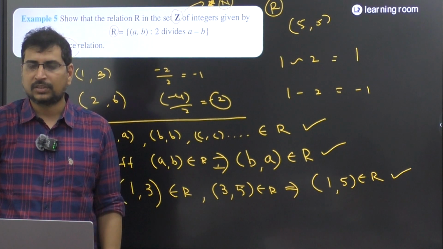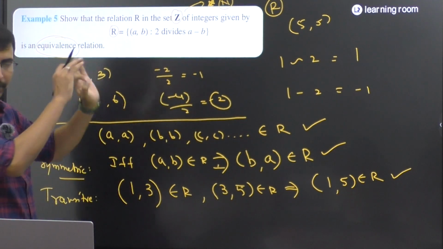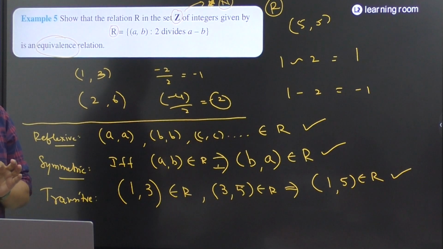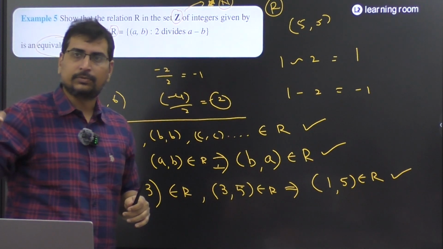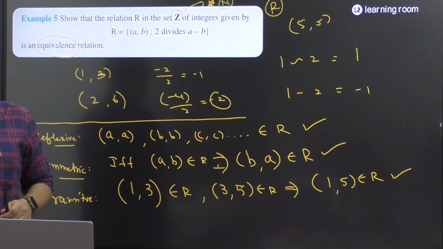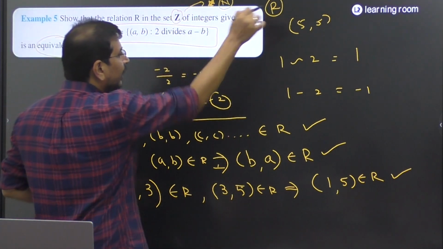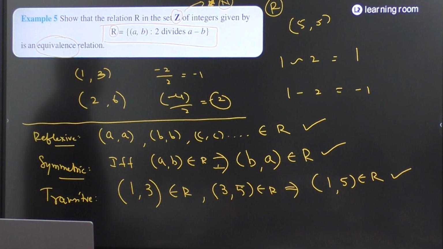Are you able to understand what I'm saying? So in every question based on relations and functions, I want your mind to get tuned to asking what the domain is. If I give you the same relation and change the set, the answer keeps changing. Are you able to think? Make sense?